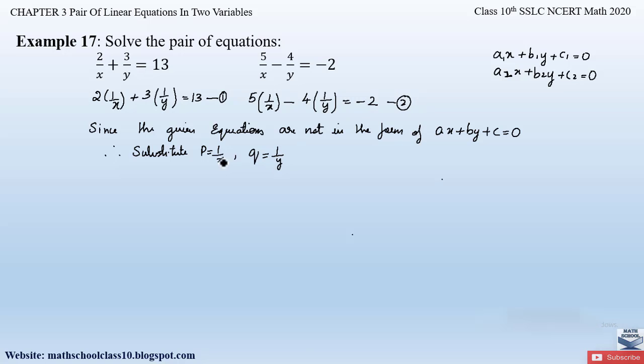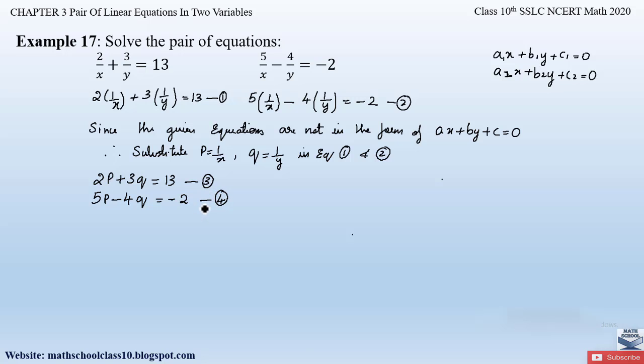So let us substitute p equal to 1 by x and q equal to 1 by y in equations 1 and 2. Substituting in equation 1 we get 2p plus 3q equal to 13. Let this be equation number 3. Similarly, substituting in equation 2, we get 5p minus 4q equal to minus 2. Let this be equation number 4.